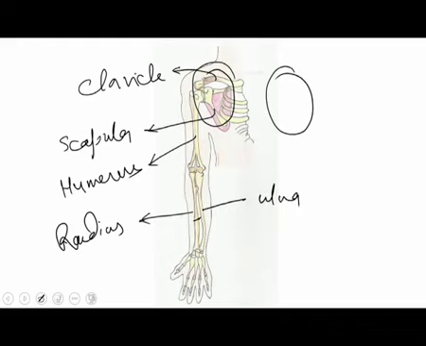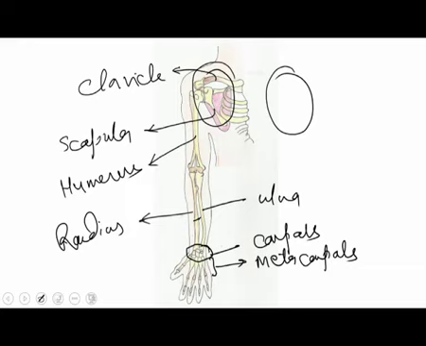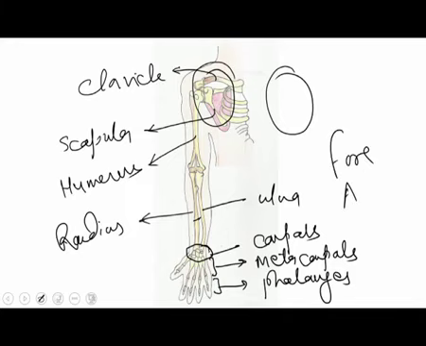Then you have this area which is basically called carpals. Then this area you call metacarpals. And then you have this area called phalanges. So basically this is what you call forearm, and this forearm is in duplicate.